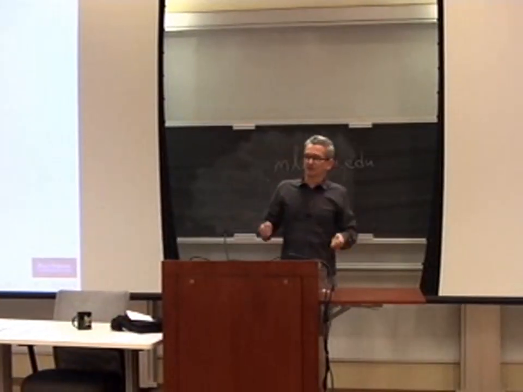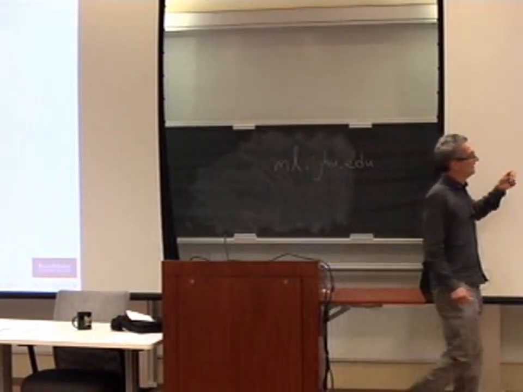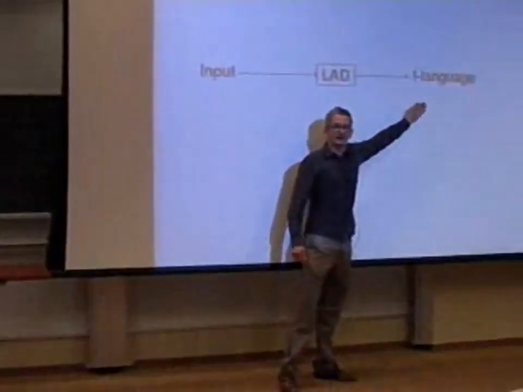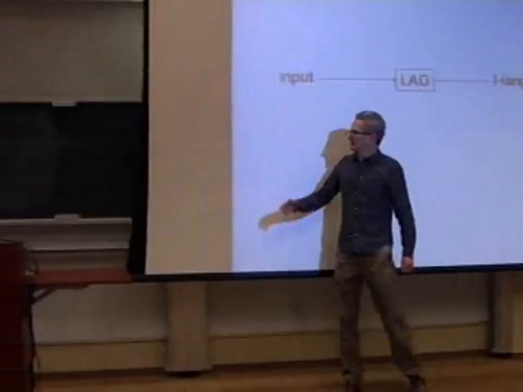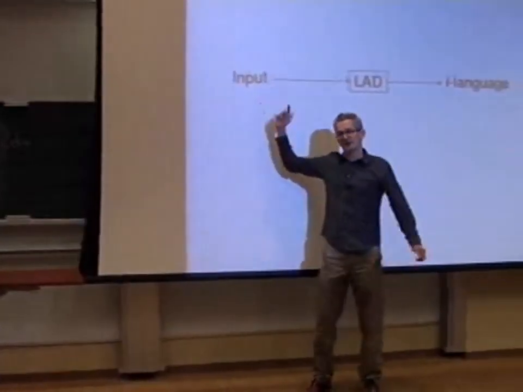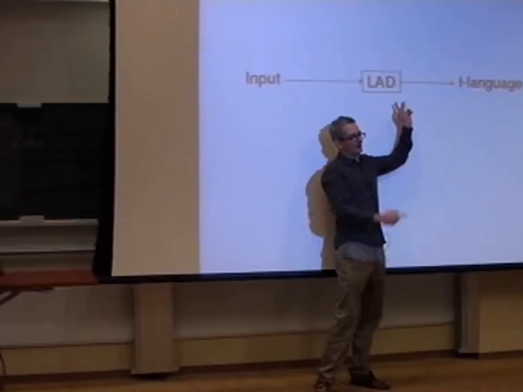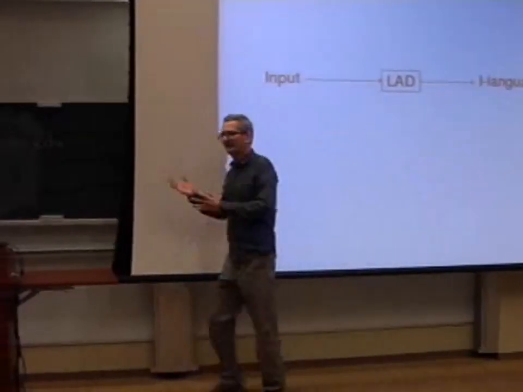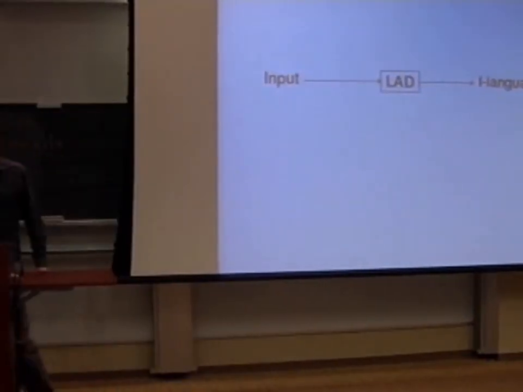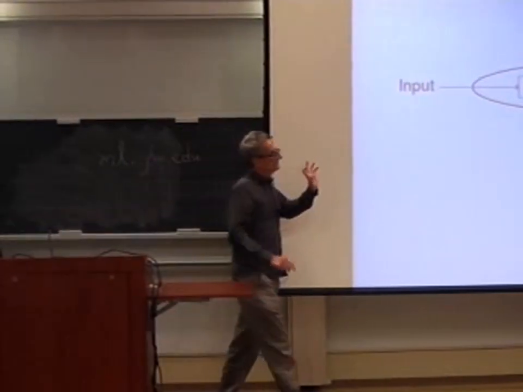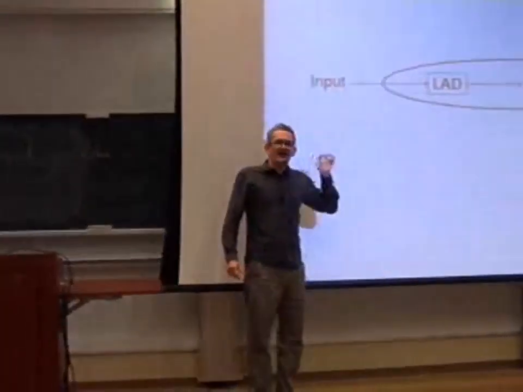So the idea for the way that linguistics should proceed is that first of all, we figure out the I language, right? Then we know what the input is because we can observe it. And once we've got the input and the output, then we can figure out what's going on in this box. Okay, so that seems like a perfectly reasonable way to proceed. But the diagram conceals something, which is that we don't observe the I language, right?